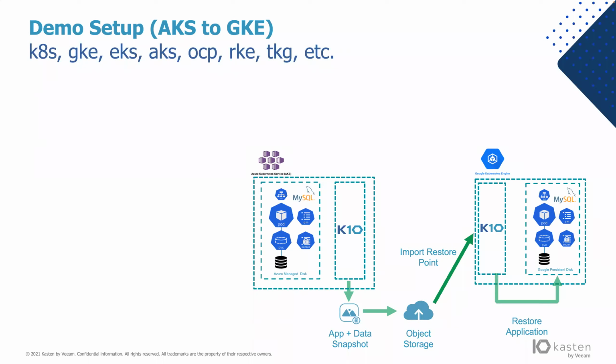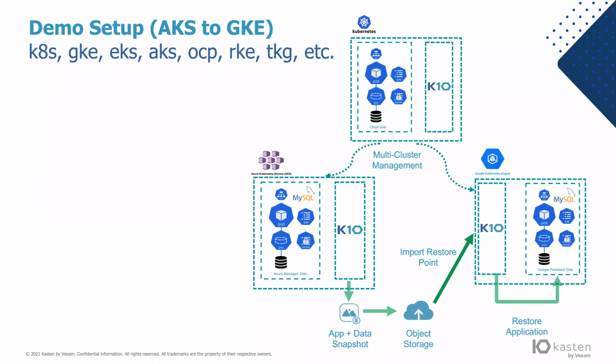This is how we make life easier when customers want to migrate from on-premises to the cloud, and all the different migration scenarios are supported. Typically customers end up having multiple clusters. You might have multiple clusters on-premises, and every cluster will have Kasten K10 deployed.